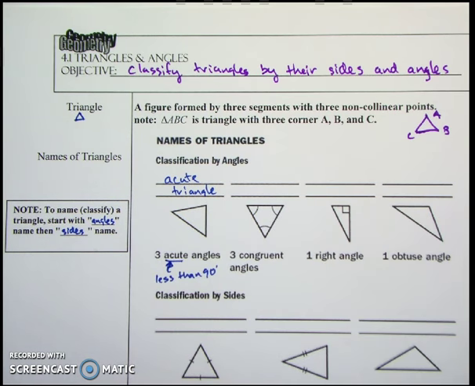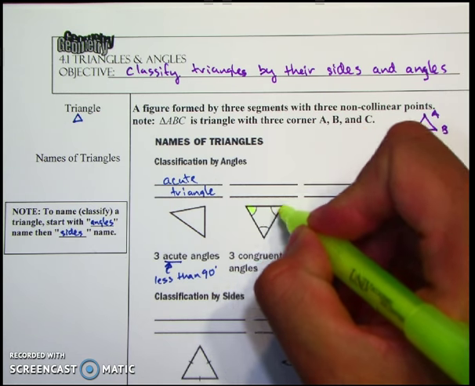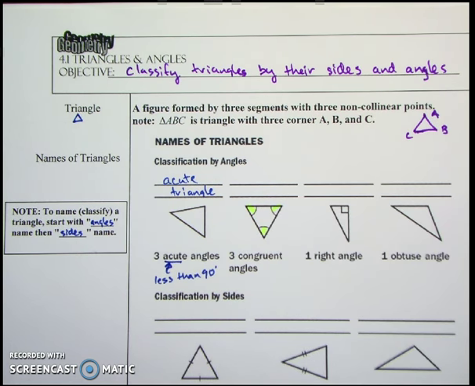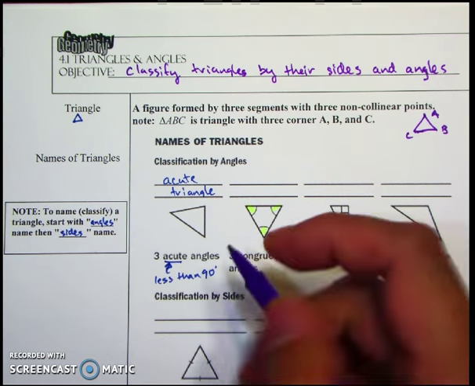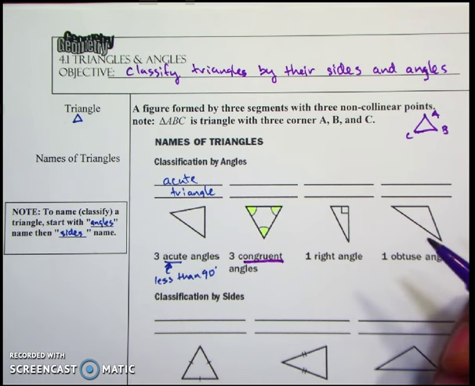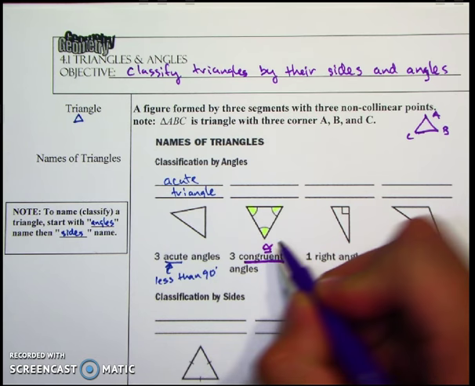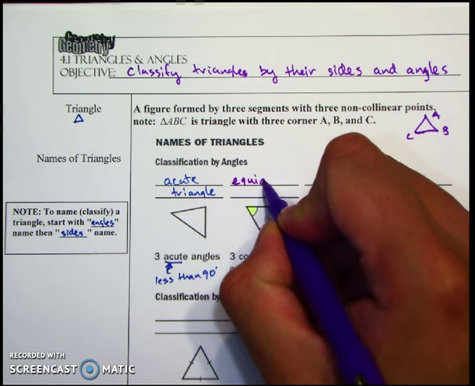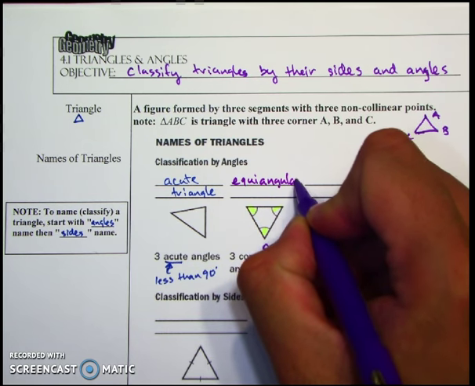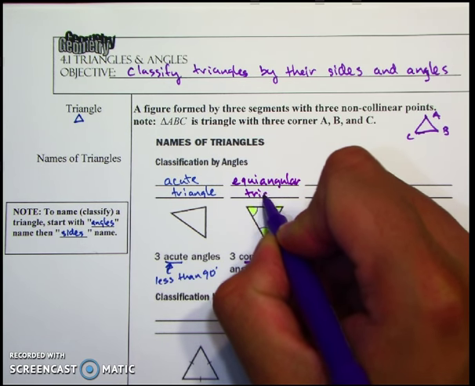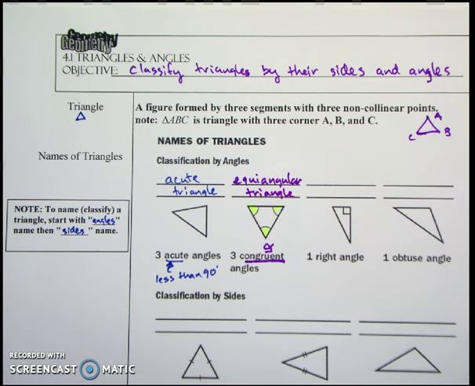So that's pretty simple. When you have the same three angles in a triangle, so we have three congruent angles, that means you have an equiangular triangle. That indicates that you have three same angles.